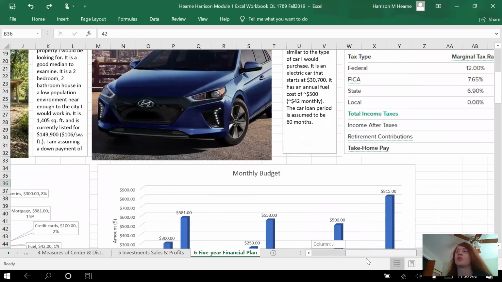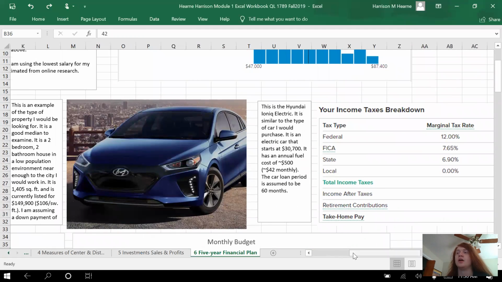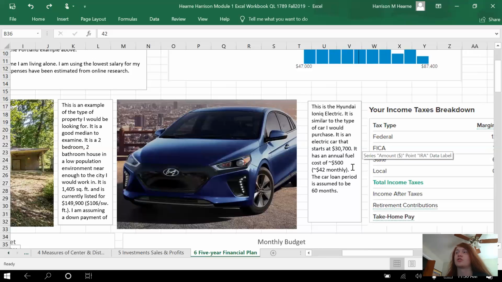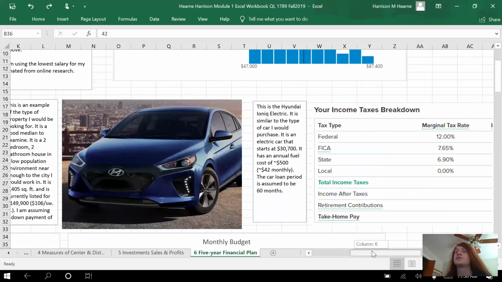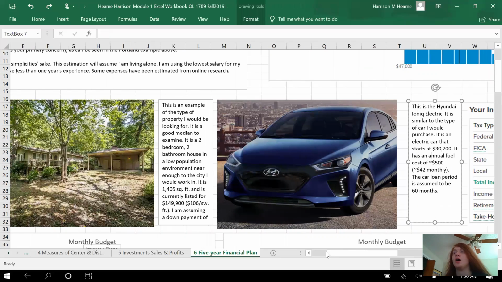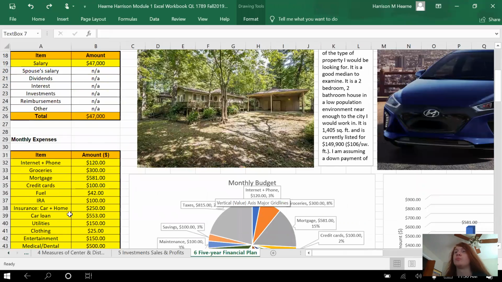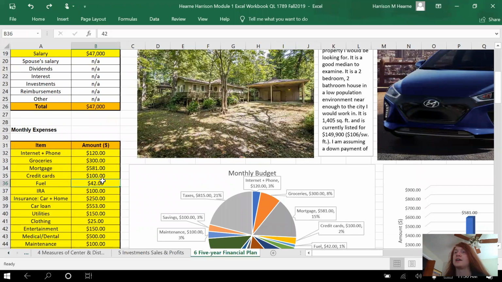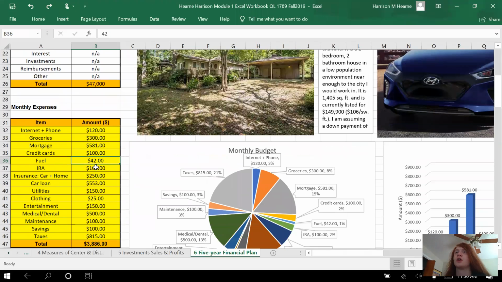Well, the type of car that I'm interested in purchasing is actually an electric car that has roughly an annual fuel cost of $500, which means that's about $42 per month. So I would be spending a little more, a $30,000 car. That's not outrageously expensive, but it's a little more than the cheapest option of car available. But in the long run, it'll save me money on gas. So I'm spending less money on gas.